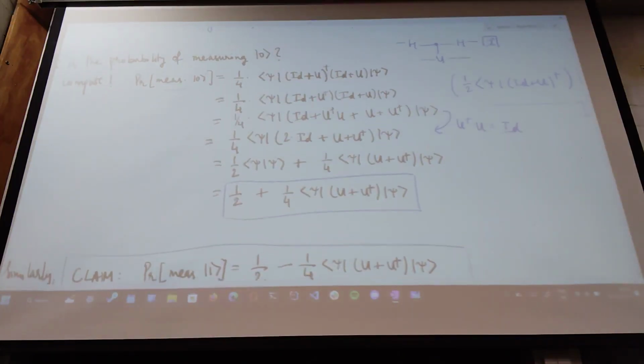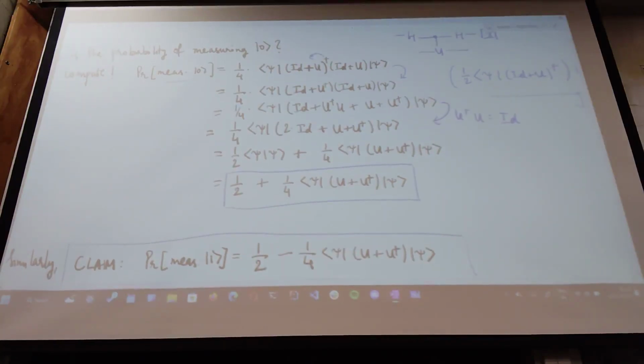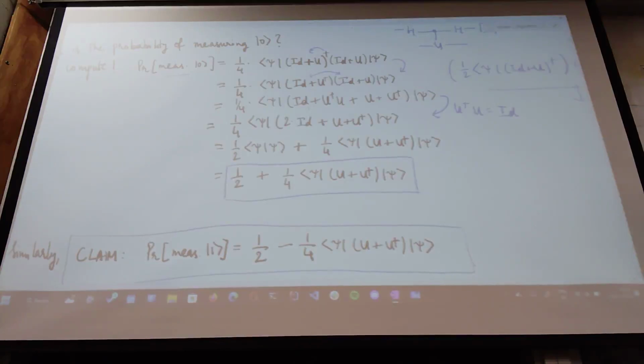So let's walk through the steps. First we just expand out, taking the conjugate transpose inside the bracket, and then you just do the matrix multiplication step. You expand out the product like this.